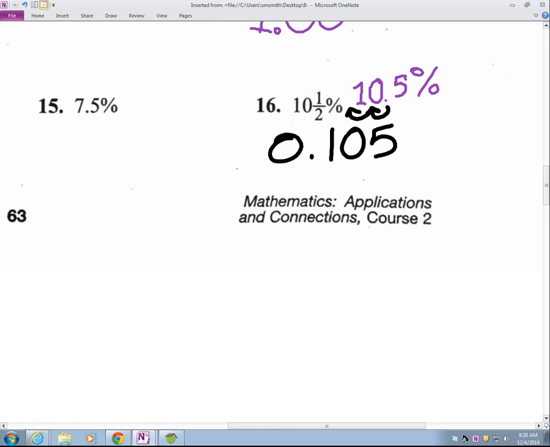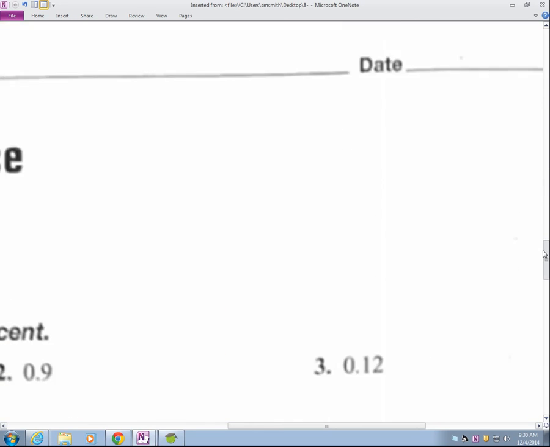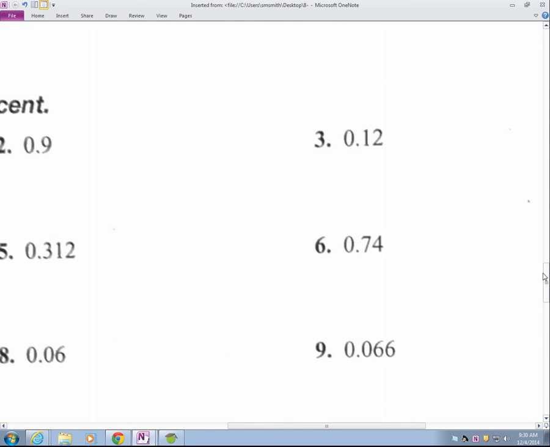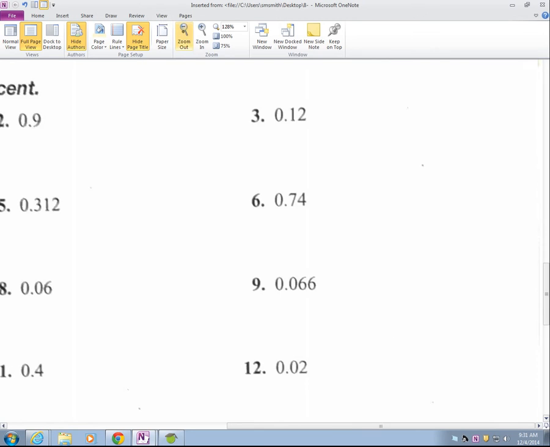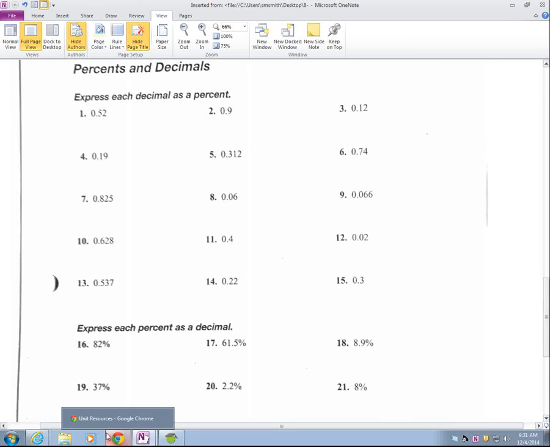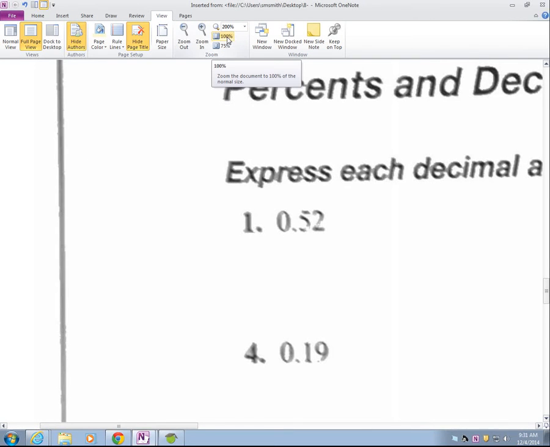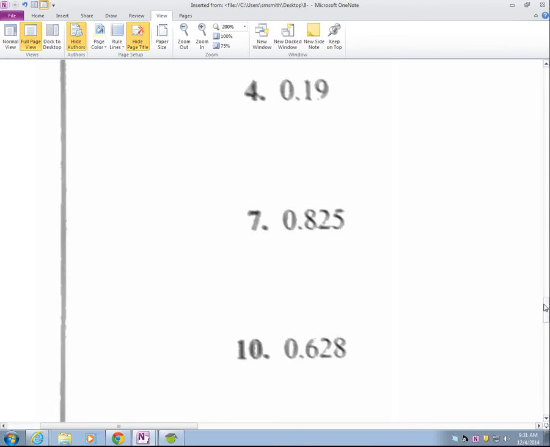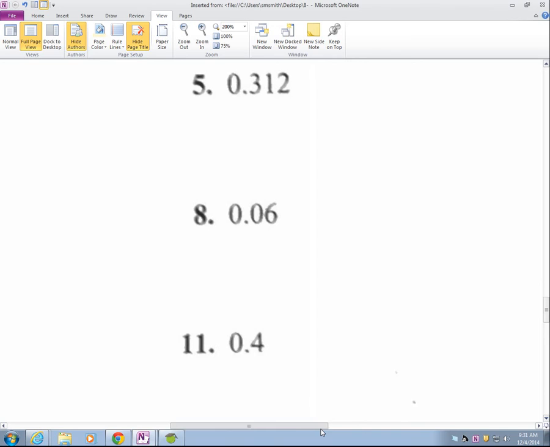Okay, we have a couple minutes left. Let's look at an example from the homework. So I'm going to do number 5.